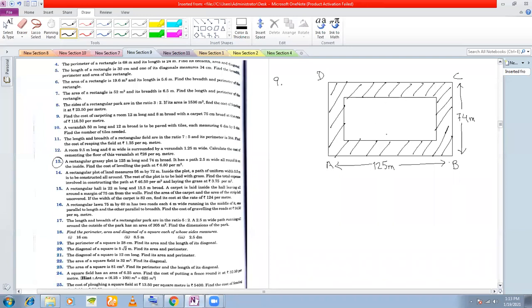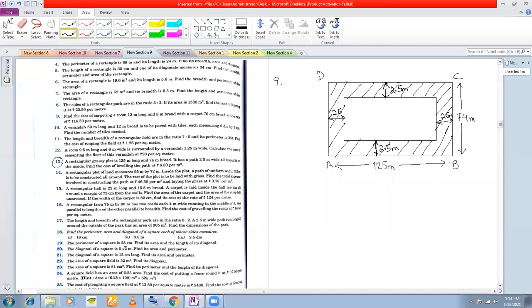On the inside, it has a path which is 2.5 meter broad. So this is 2.5 meters, this is 2.5 meters, and this is also 2.5 meters.